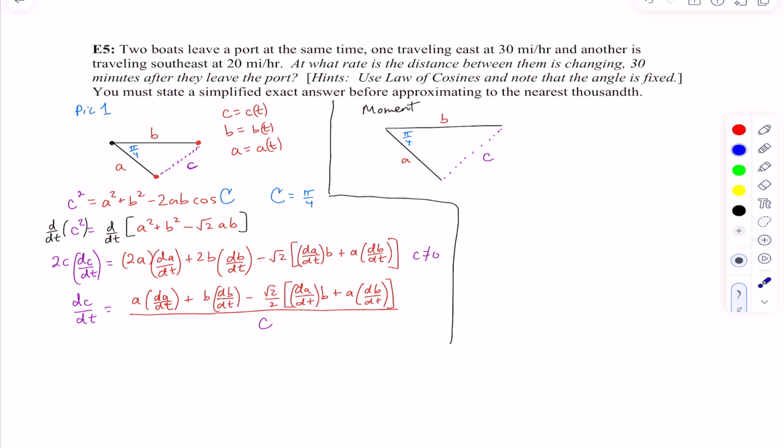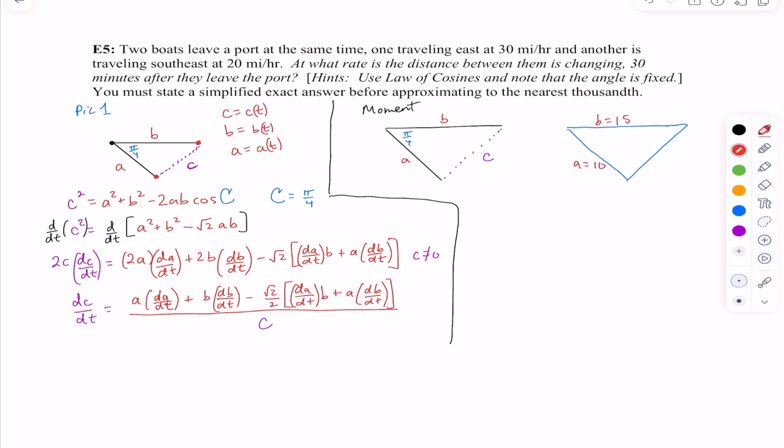So why don't we draw a separate picture for the moment? We know that after 30 minutes, the faster boat has traveled 15 miles, and the slower boat has traveled 10 miles.